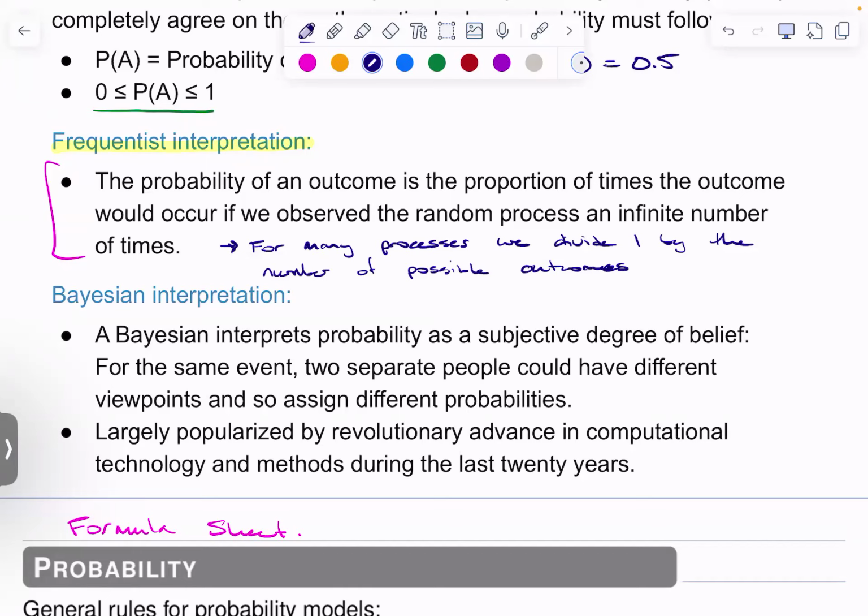For example, if we roll a die and I write the probability of a 2, then by context I understand that P of 2 must be, okay, I roll a fair 6-sided die, and the probability of rolling a 2 is going to be 1 in 6. We are building off of, if I observe this random process an infinite number of times, then I would expect 1 over 6 of those rolls to be 2s.